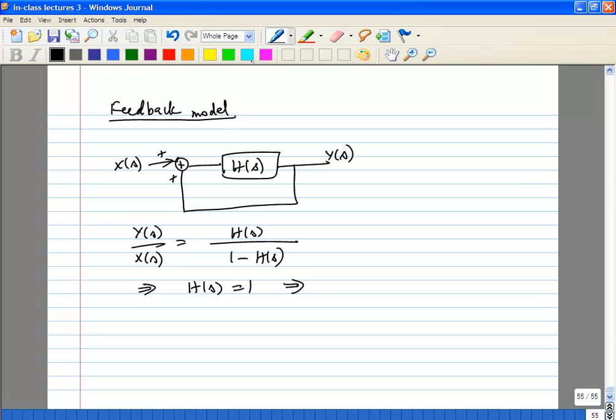So H of S equal to 1 is the condition for oscillation. I think you guys must remember this. These are called the Barkhausen criterion. You've heard of this name, Barkhausen?